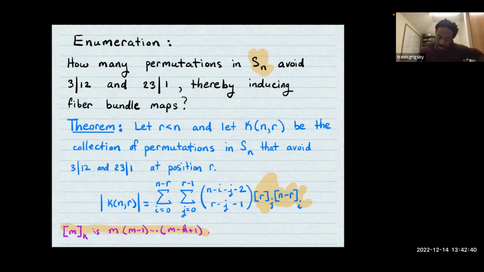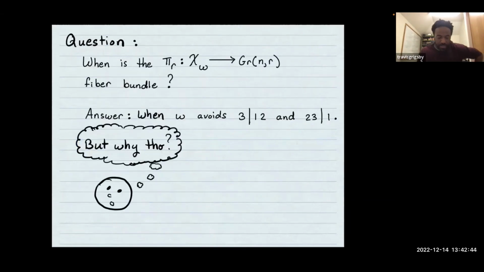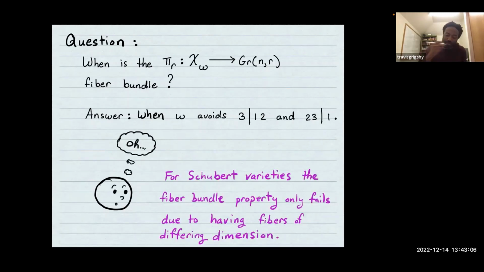Okay, so we've got 3, 1, 2, and 2, 3, 1 as being the conditions that tell you when these maps are nice. But why? Some people would be happy with just this pattern avoidance criteria, but maybe there's a geometric explanation.